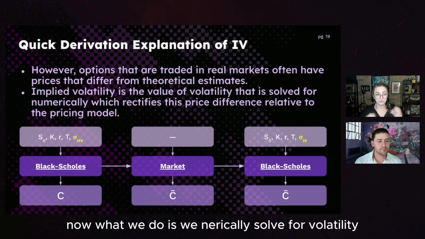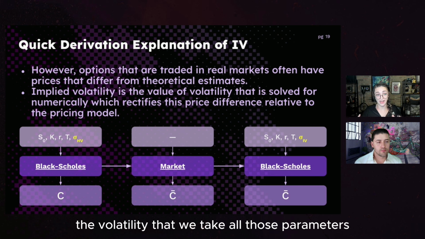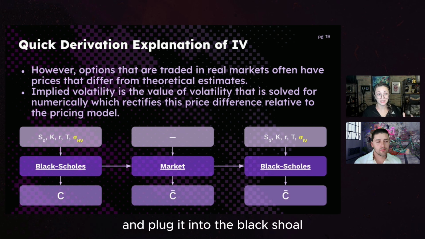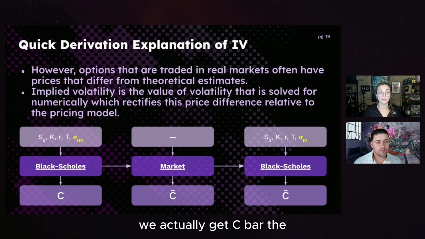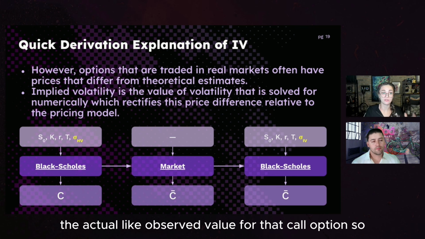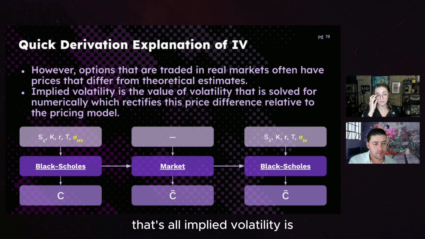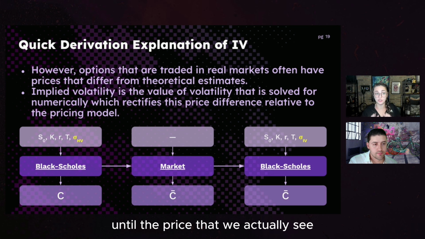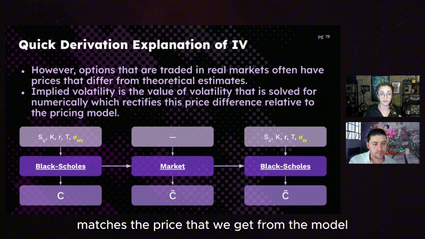Now what we do is we numerically solve for volatility. The volatility that, when we take all those parameters and plug them into the Black-Scholes model, we actually get C bar, the actual observed value for that call option. So that's all implied volatility is. We're just playing around with a couple of different volatility values until the price that we actually see matches the price that we get from the model.